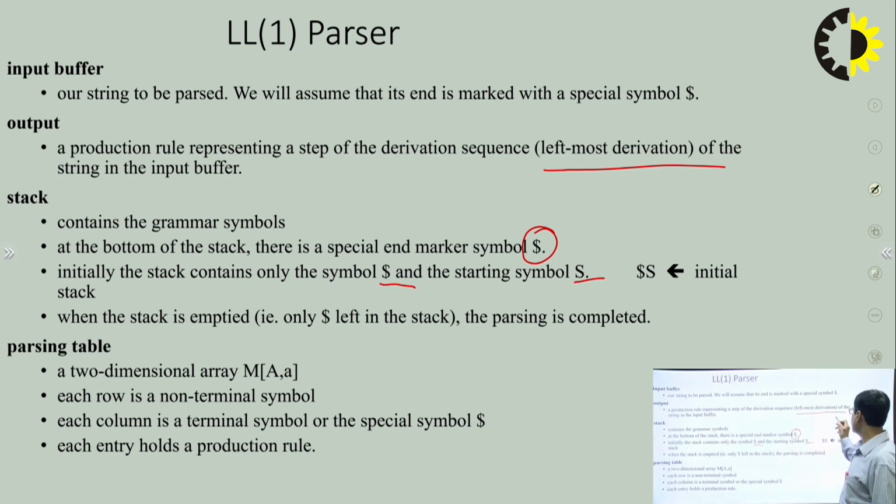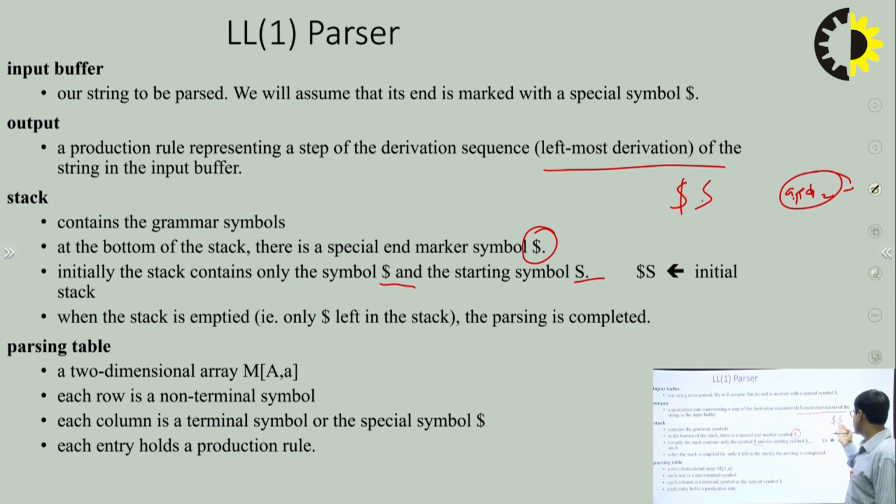So we have to start with that. $S is the state of the stack, and some input is there, A1 plus A2, whatever input is there. If we take the start symbol as capital S and then a small terminal, we generate a parsing table.